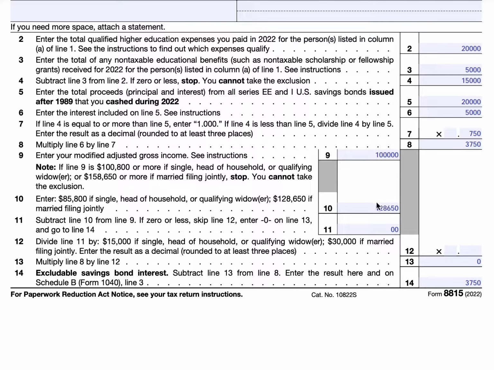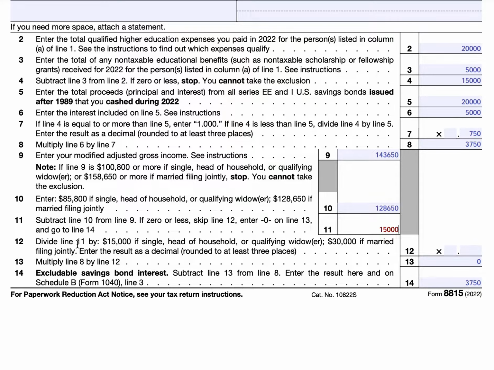So if for some reason our modified adjusted gross income was at the halfway point, and I'll have to think about this for a second. Our halfway point here is $143,650. So it's halfway between this number that's a complete phase out and this number, right? Basically we would subtract this amount and we would get $15,000.